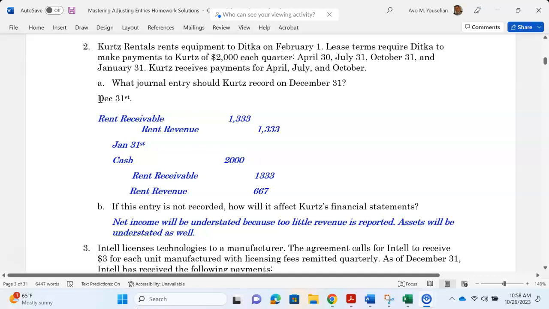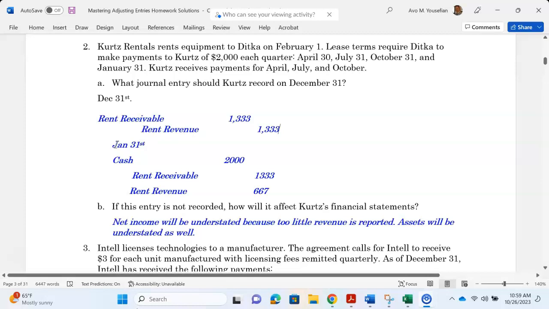So I'm going to recognize on December 31st that I have rent receivable of $1,333, which is accrued, and rent revenue will be credited. So rent receivable asset will increase, and the rent revenue will increase.